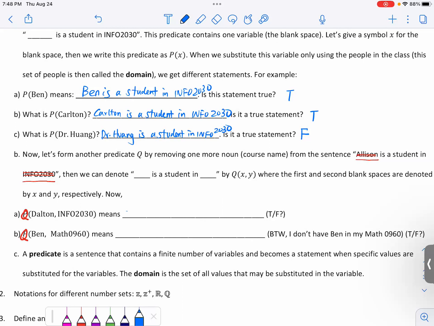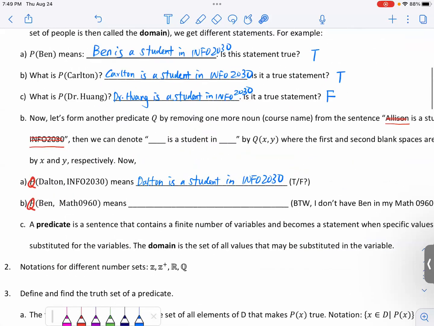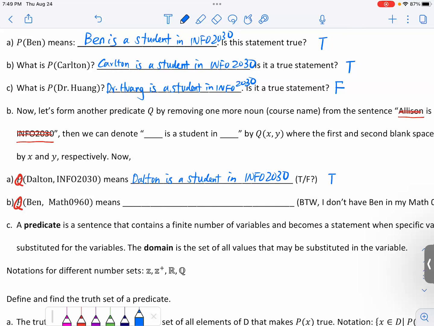So therefore, this becomes Dalton is a student in info 2030. Is this true? By the way, we assume that there is a Dalton in this class. So therefore, this is a true statement.